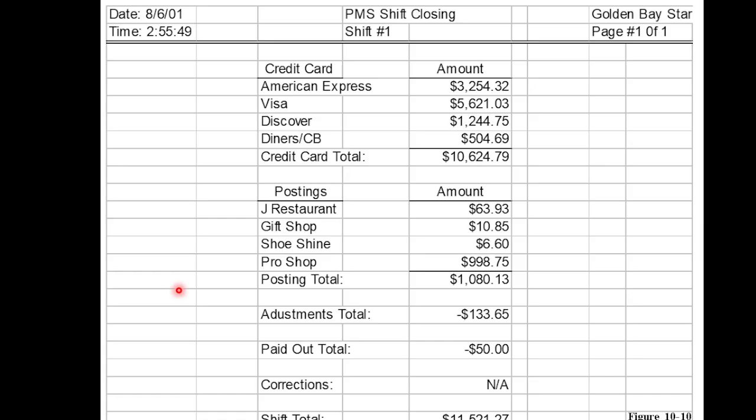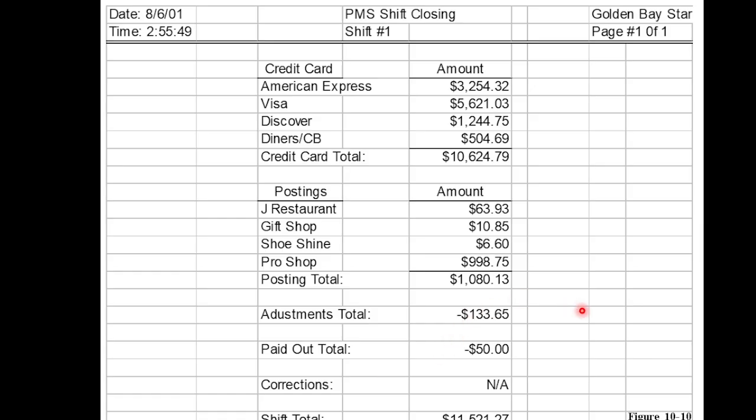And then adding this $10,624.79, and then $1,080.13, minus the adjustment total, minus the paid out total. There were no corrections aside from that. So you got a shift total of $11,521.27.